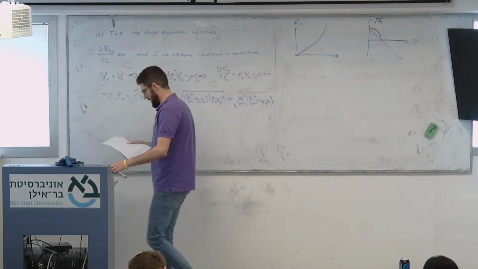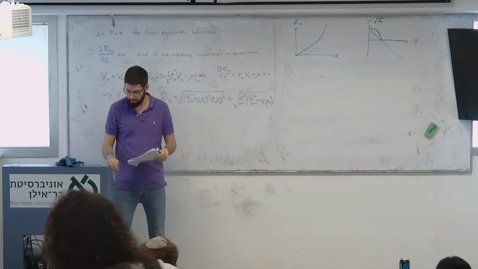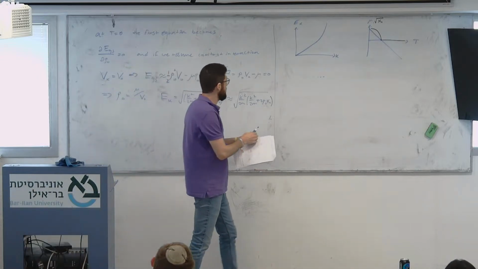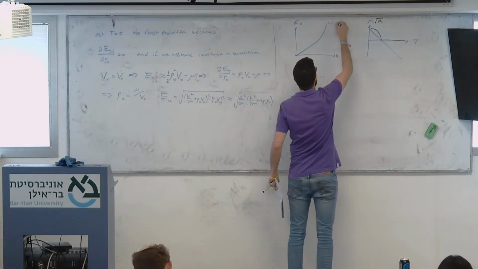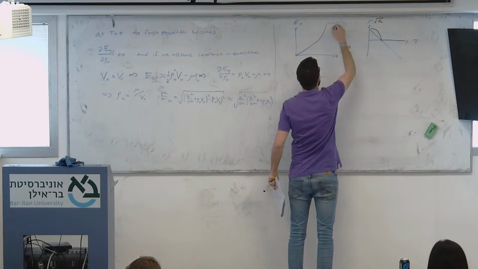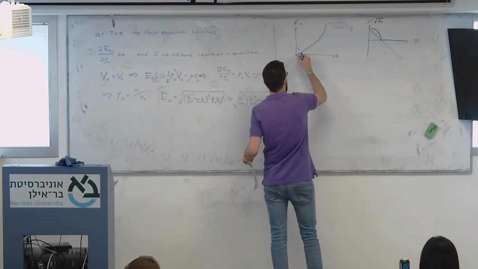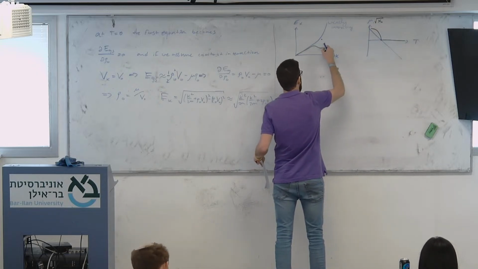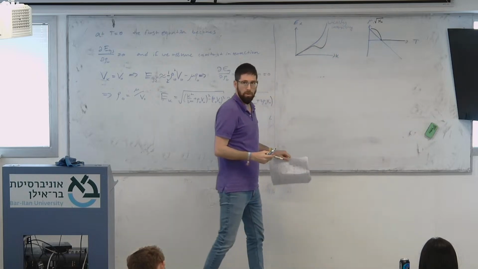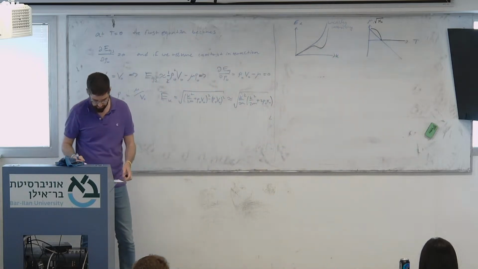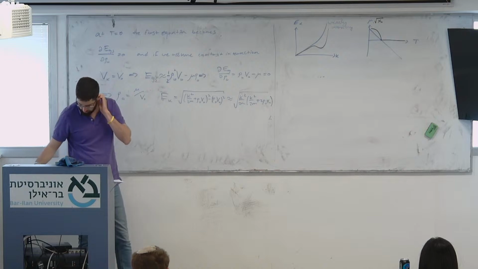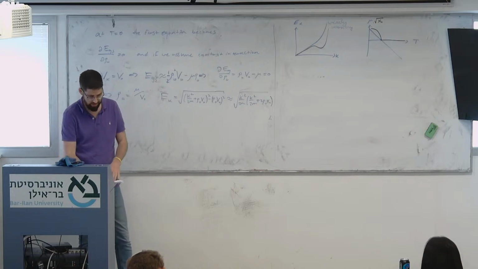So this is one comment. Another comment is that this is weakly interacting. If it's strongly interacting, it's also going to be linear, but it can have something we call a Roton minimum. So all this is what we saw last time.